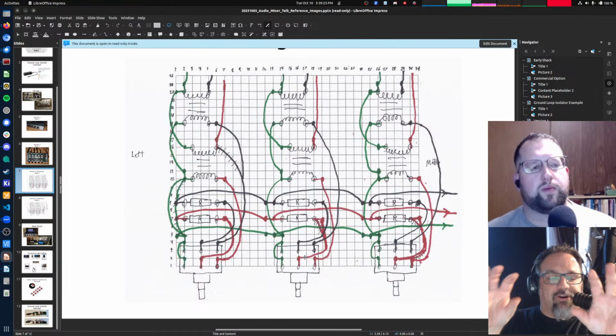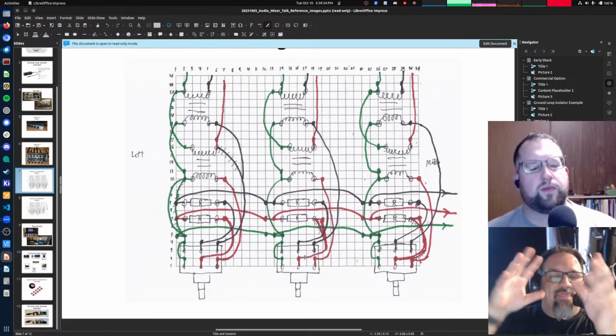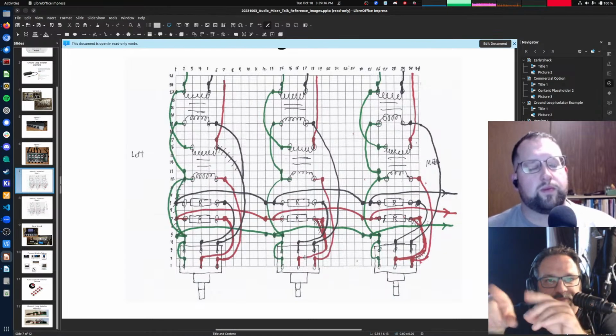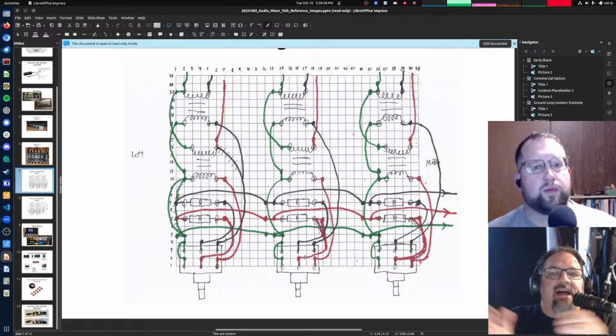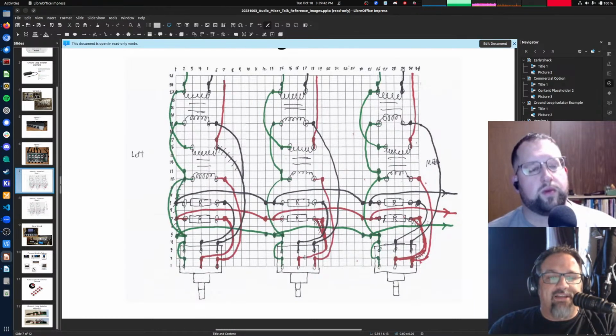So the speaker drivers, when they are powered on, will get a little bit of this signal coming in with a 2,000 ohm impedance on the input signal, and that'll just be okay. You've got a little bit of noise coming in. It doesn't matter. You're not going to damage anything by doing that. That's why these resistors are here.